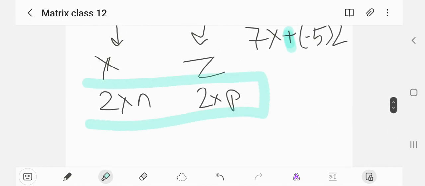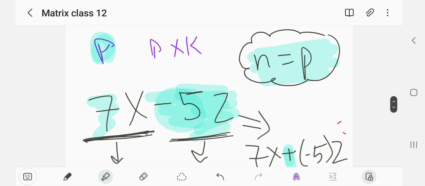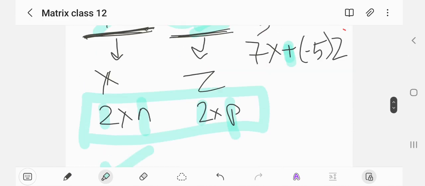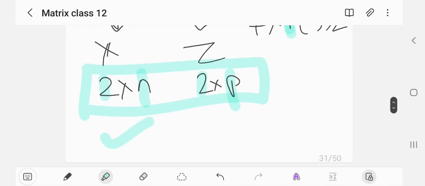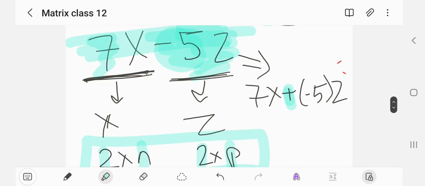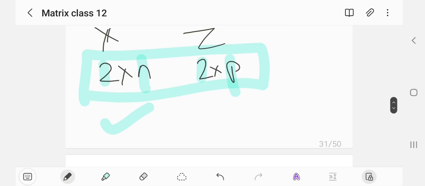If we see both these things, the 2 is common, that is correct. P and n are also the same. Why? Because it is given to us that n is equal to p. That means this subtraction or this addition is very well defined. Hence the order of this particular matrix will be 2 by n.